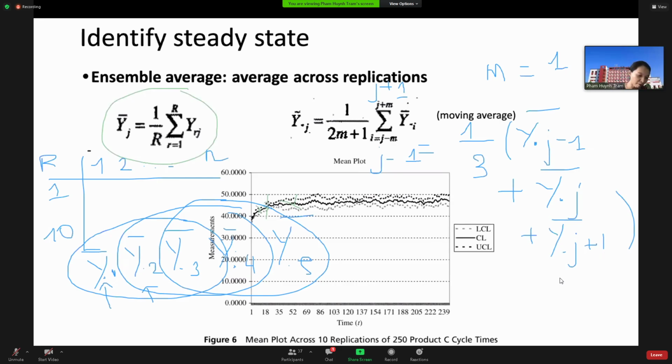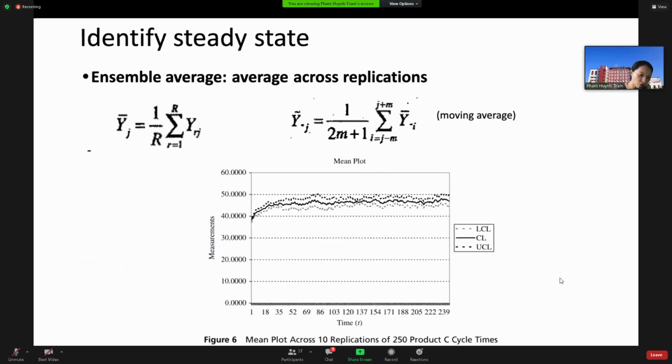So basically we move like what I'm showing you here, moving by 3 entities. If n equals 2, we divide by 5.